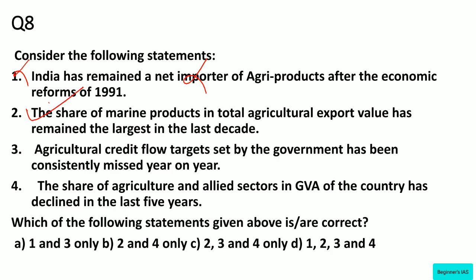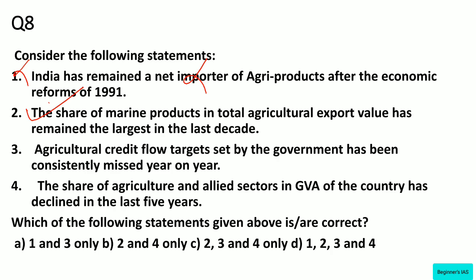And also remember, the agriculture credit flow target for 2020-2021 was fixed at 15 lakh crores, and till 30th November 2020, a sum of 9,73,517 crores was disbursed. Also, the Agriculture Infrastructure Fund was announced as part of the Atmanirbhar Bharat Abhiyan. This will further boost credit flow to the agriculture sector. What about statement number 4?